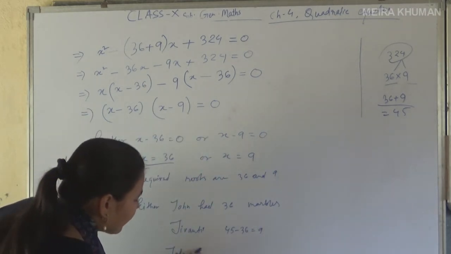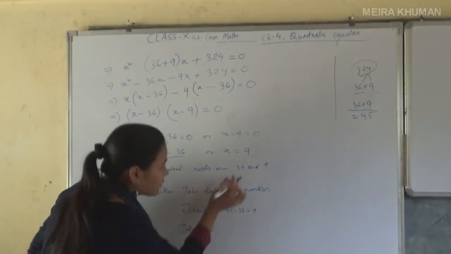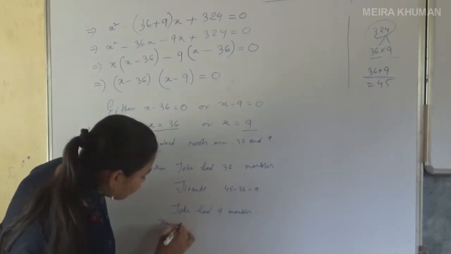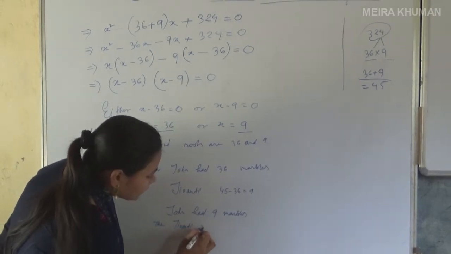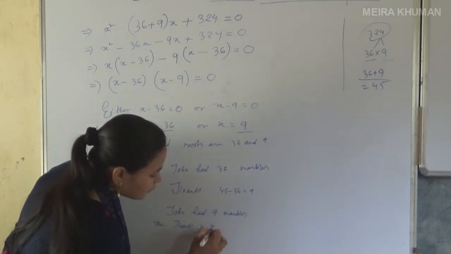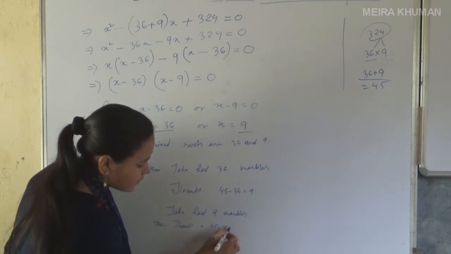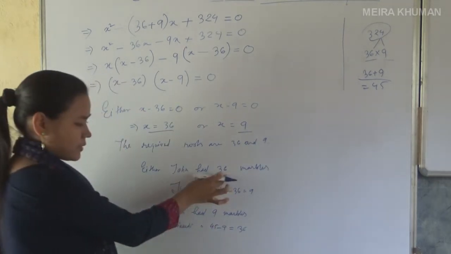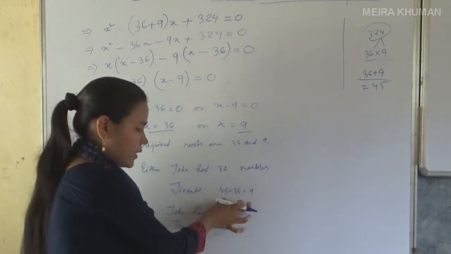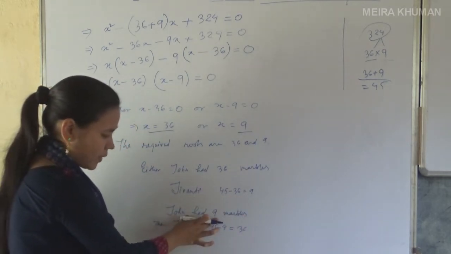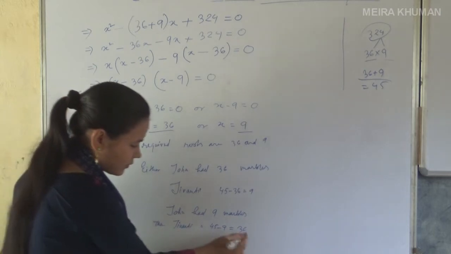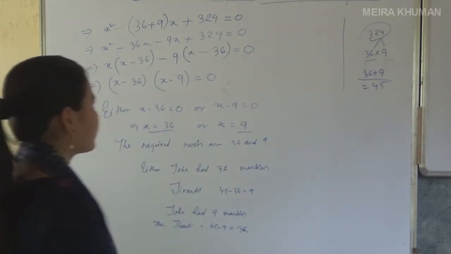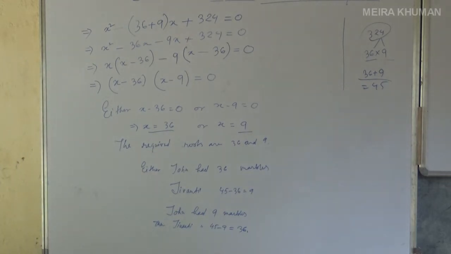If John had 9 marbles, then Jivanti had 45 minus 9, so 36. So if John had 36, then Jivanti will have 9, and if John had 9 marbles, then Jivanti will get 36 marbles. So that is your answer. So please write down.